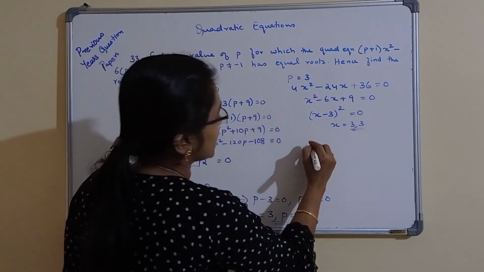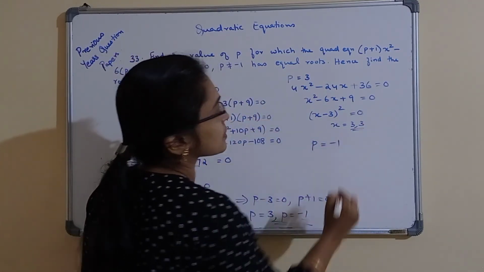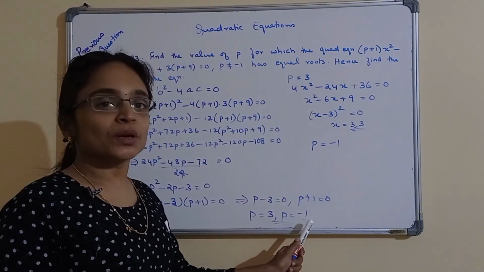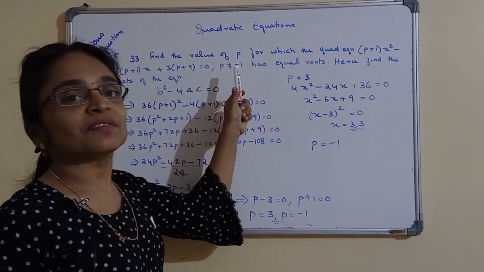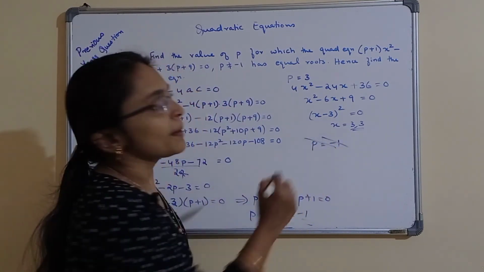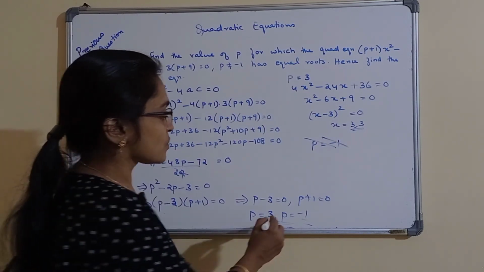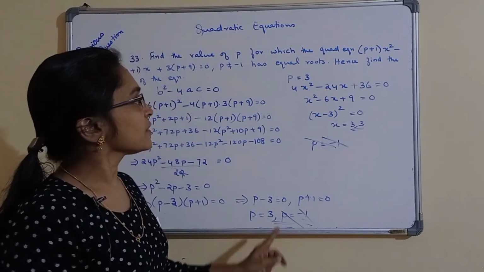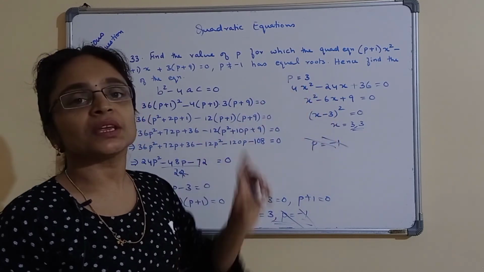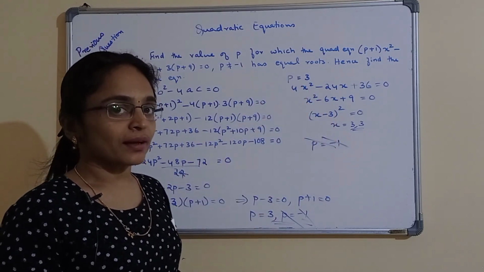Now when p equal to minus 1, we have, here we got p equal to minus 1, but here it is given p not equal to minus 1. So we don't have to take this p equal to minus 1. So we have p equal to 3 only, and we have got the value of x when p equal to 3 here. Okay, understood?